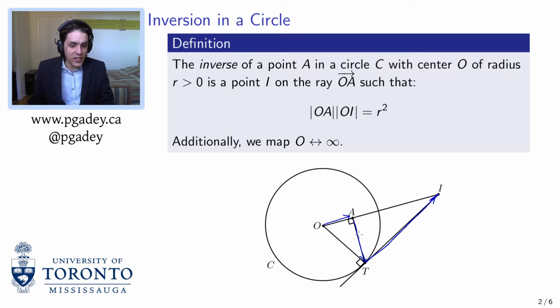That tangent is going to intersect the ray OA at the point that we're looking for. So what do we have? We have that these two triangles are similar. OAT is going to be similar to the triangle OTI.